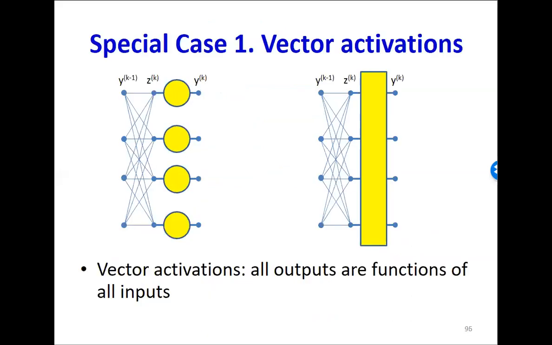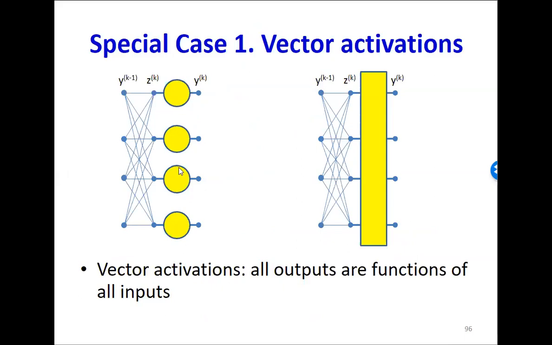Now, first thing, what I will call vector activations. Now, what do I mean by vector activations? I'm going to distinguish between two kinds of activation functions. So consider a single set of neurons over here.